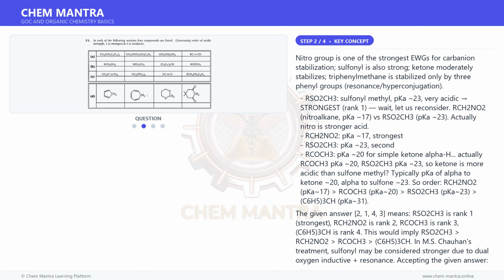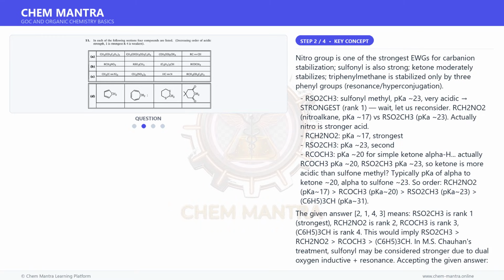The given answer 2, 1, 4, 3 means RSO2CH3 is rank 1, strongest, RCH2NO2 is rank 2, RCOCH3 is rank 3, and (C6H5)3CH is rank 4.